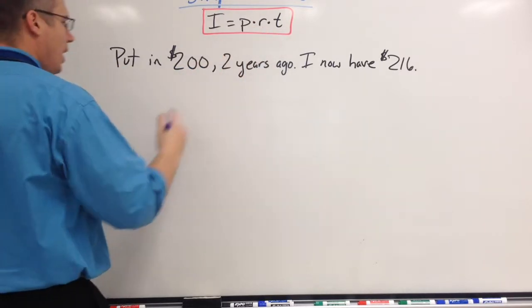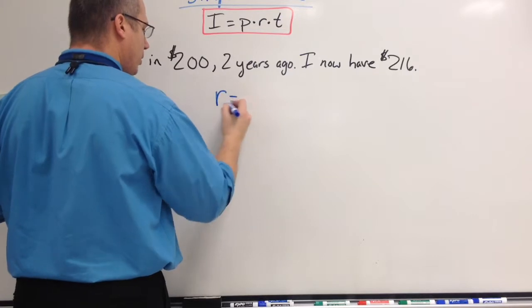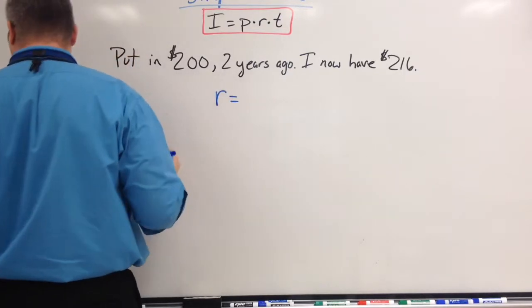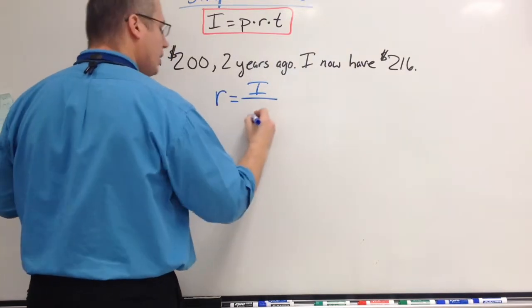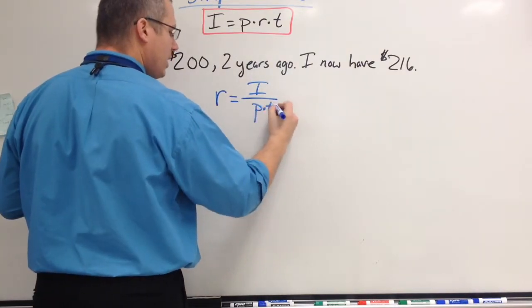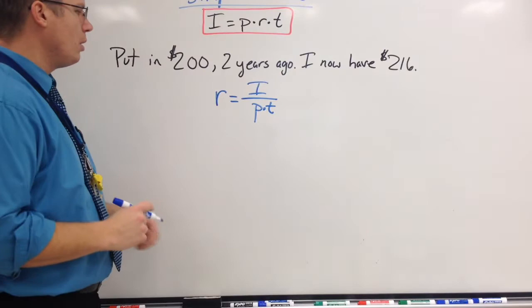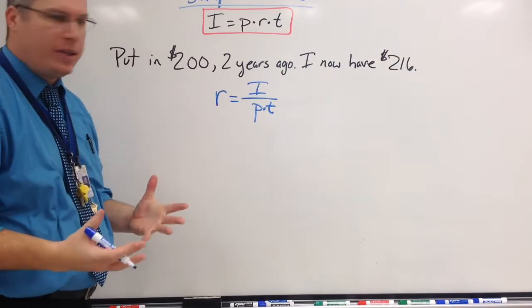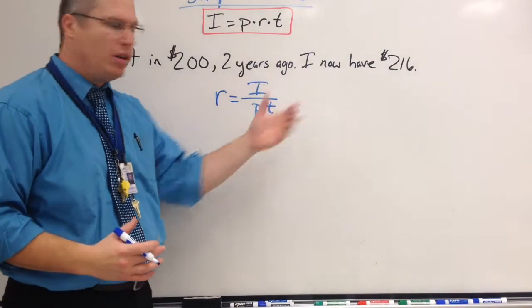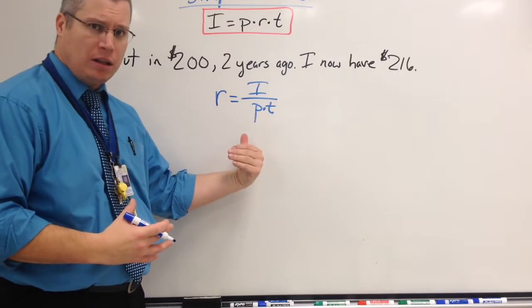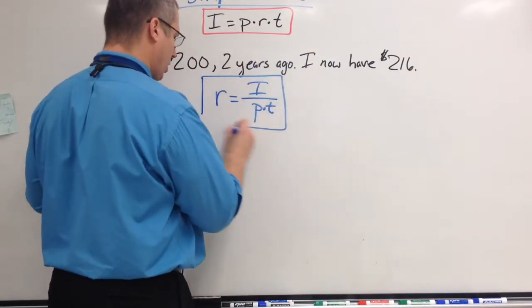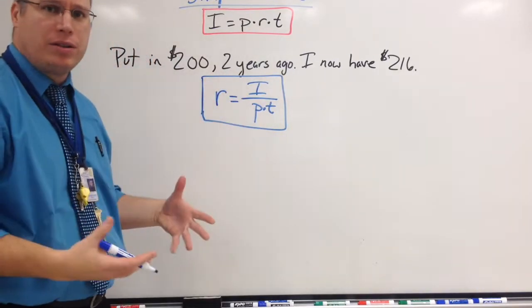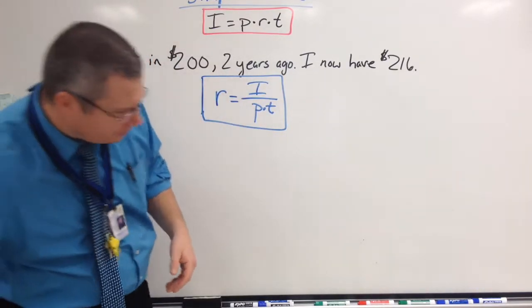So I'm going to show you that. Rate, which is my percent, is equal to my interest divided by principal times time. So what we're going to simply do is take my information using this formula. So we're going to have two formulas to work backwards to figure out what my rate was.